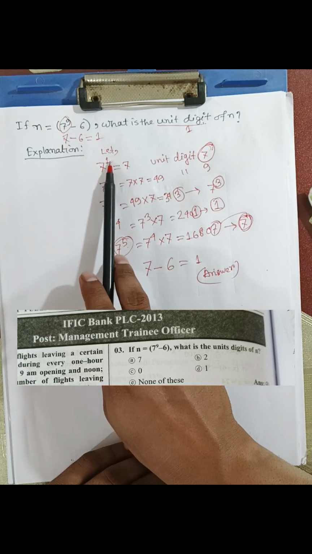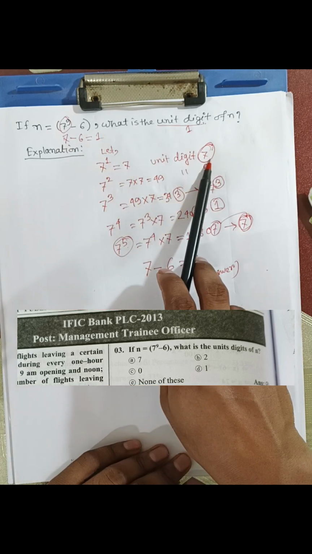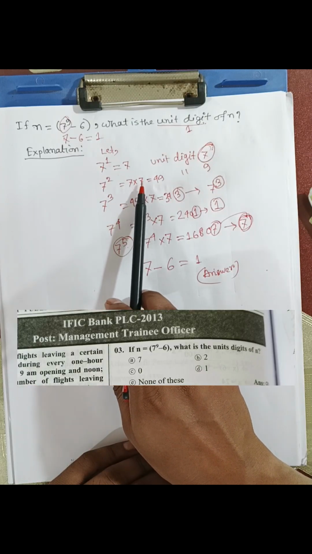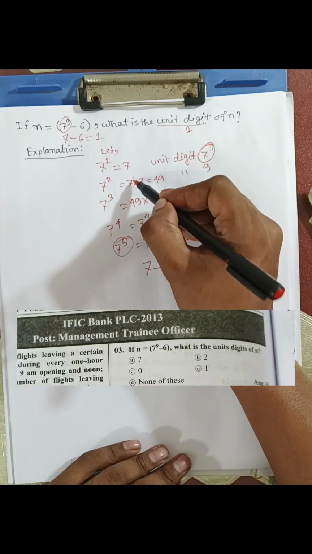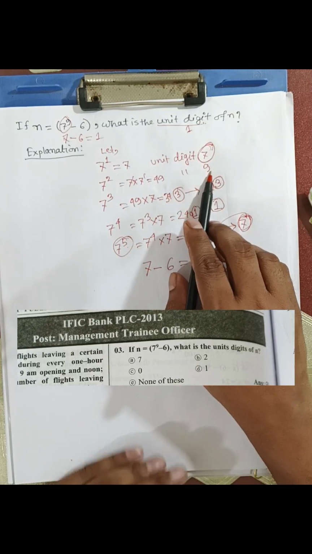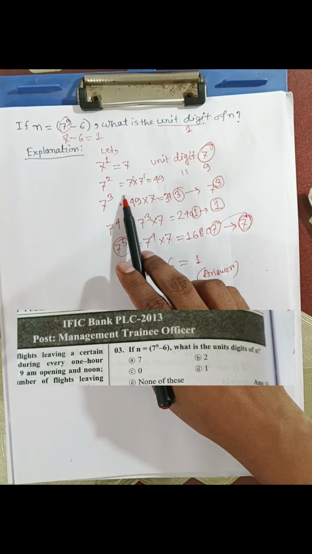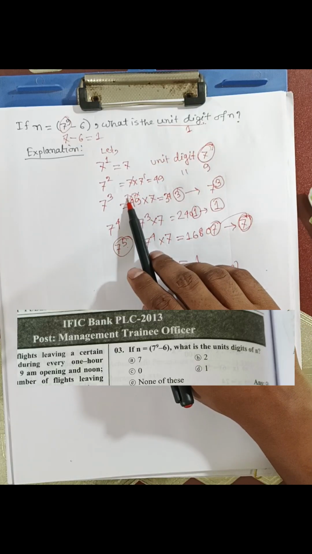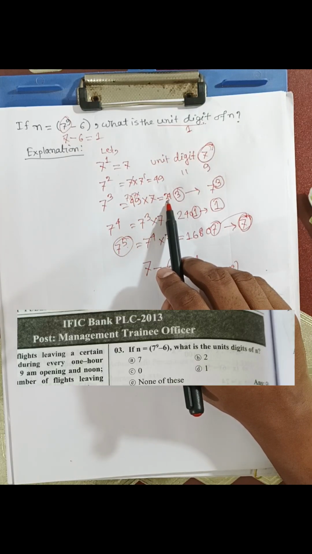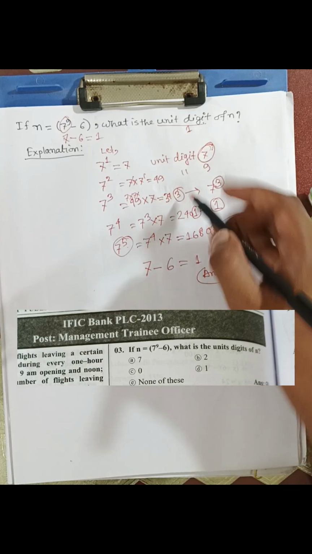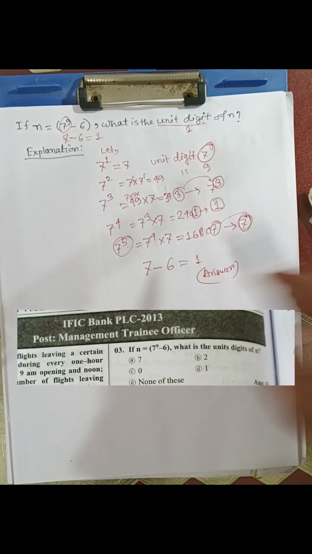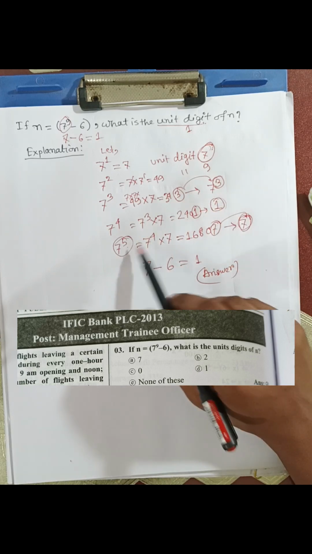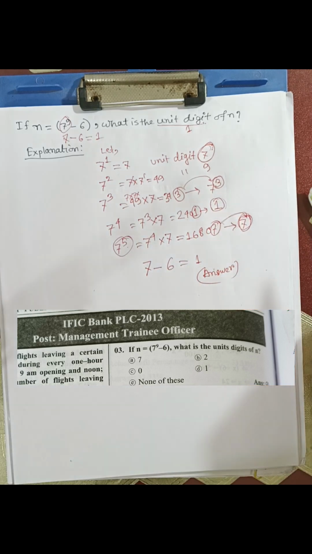Again, let 7 to the power 1 means 7, unit digit 7. 7 to the power 2 equals 7 multiply 7, 49, unit digit 9. 7 to the power 3, 343, unit digit 3. 7 to the power 4, 7 to the power 3 multiply 7, unit digit 1. 7 to the power 5, unit digit 7.